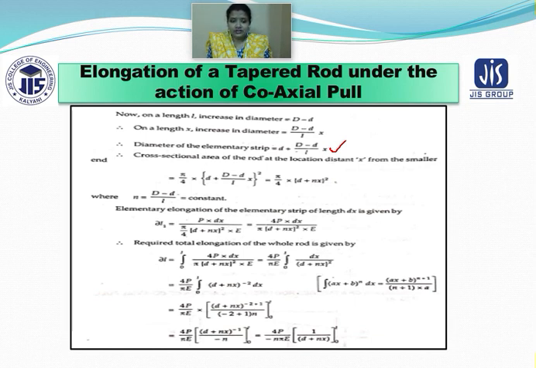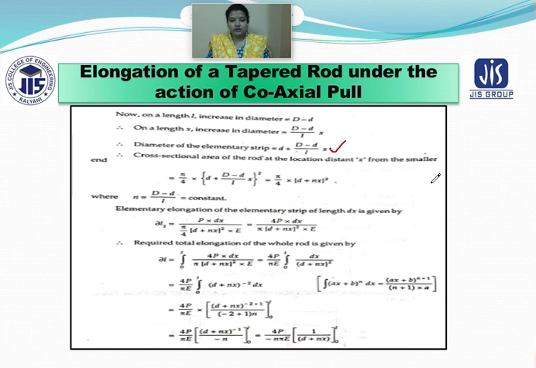So if I ask you to calculate the area of the elementary strip, then you can say pi by 4 into d square. So here in this particular equation, that is pi by 4 into d plus capital D minus small d by L into x, the whole square.